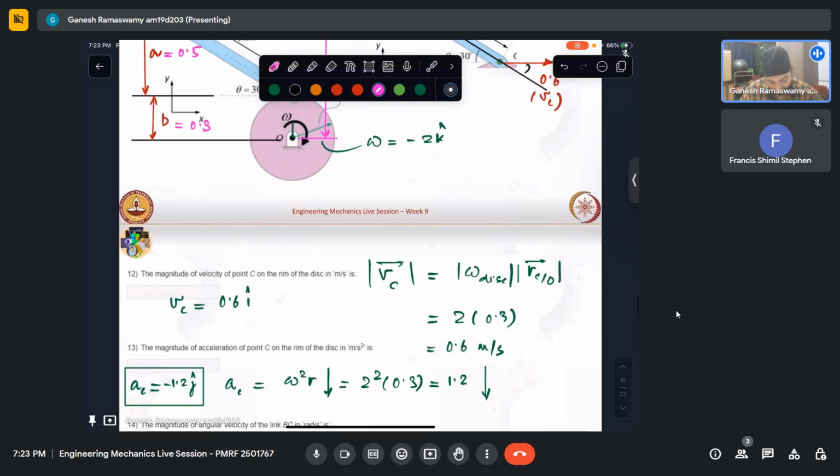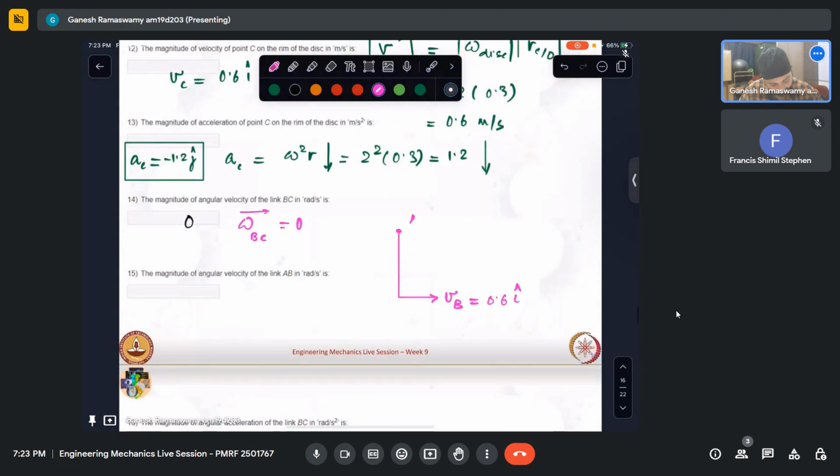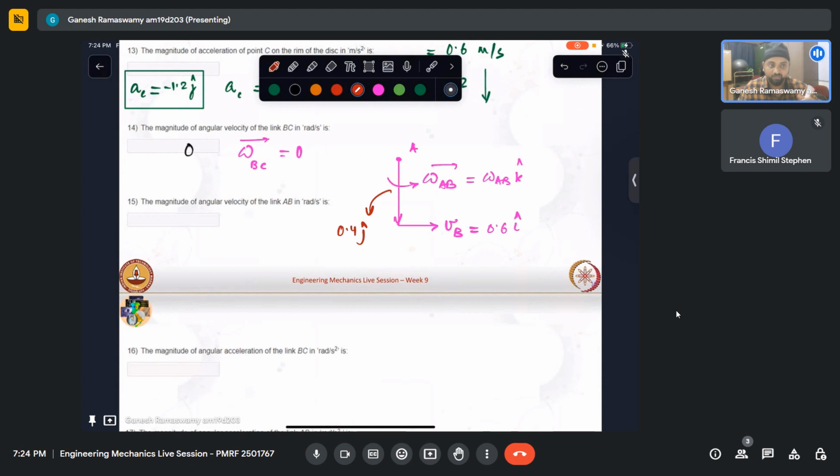And this is my point A. Let us say this is having omega AB k cap. So this is my position vector. What is this? 0.4 j, because it is pointing downward. In which case I can easily calculate omega AB as 0.6 by 0.4, which is 1.5 radians per second.